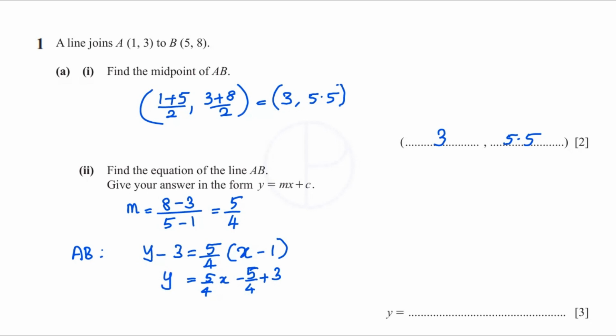So y is equal to 5 over 4 x minus 5 over 4 plus 3. If you take LCM, you get minus 5 plus 12, which is 7 over 4. So y equals 5 over 4 x plus 7 over 4.